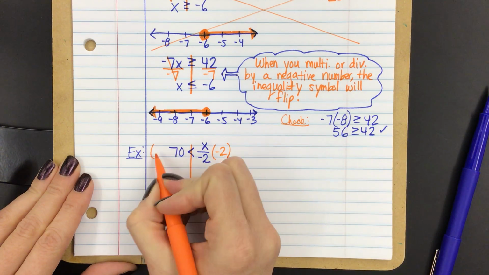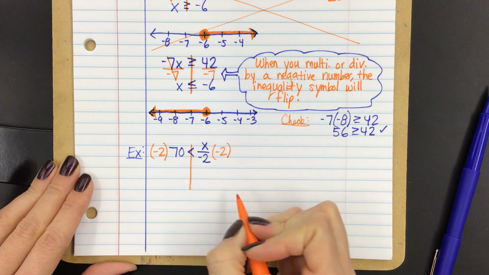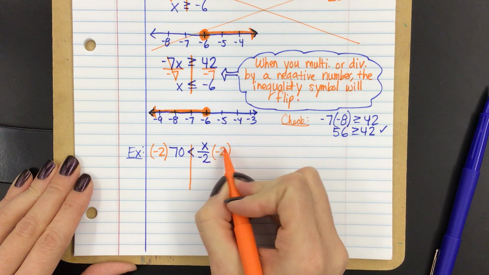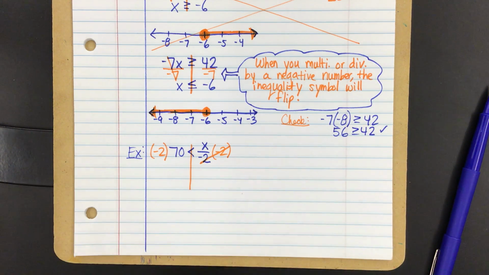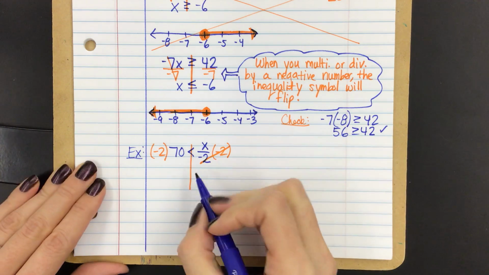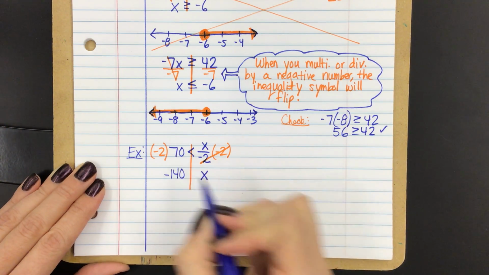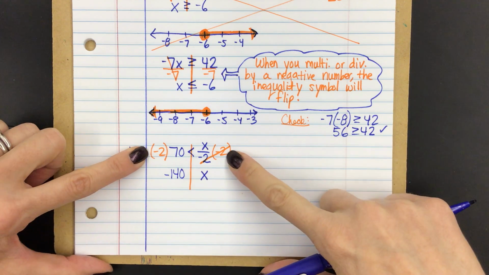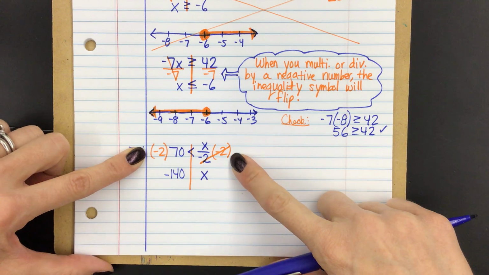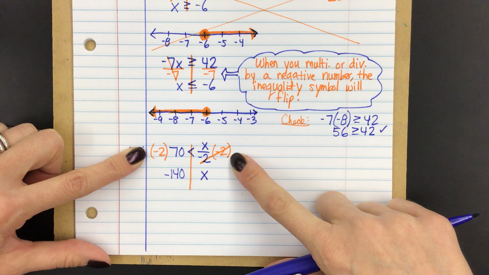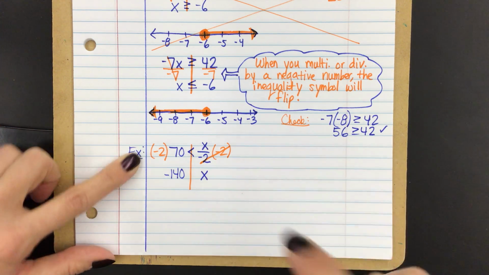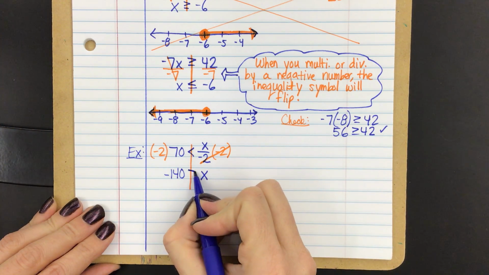So I'm going to multiply by -2 here and here. A -2 divided by -2 cancels out. And you have x and -140. Now here's the key. I just multiplied both sides by a negative number. And when I do that, this symbol will need to flip.